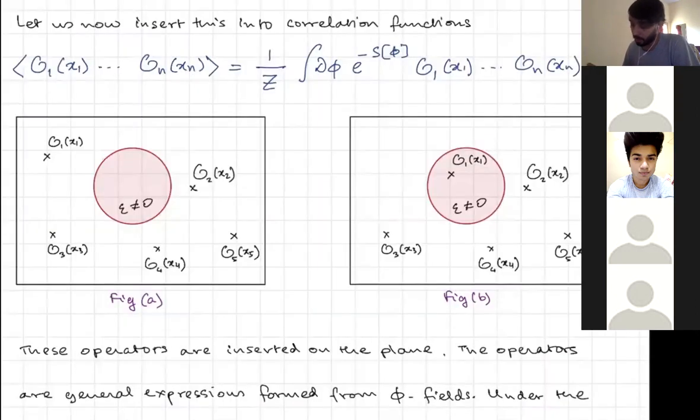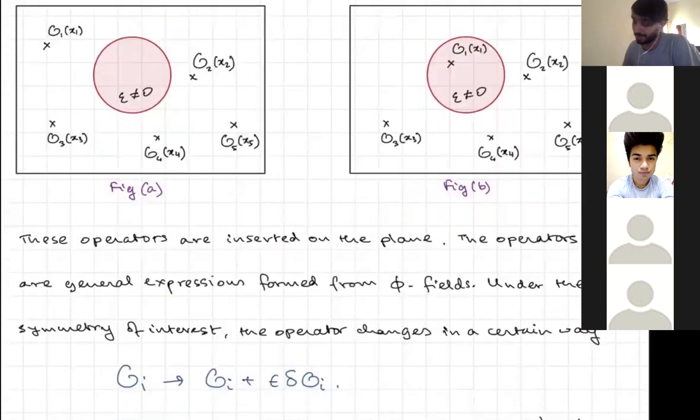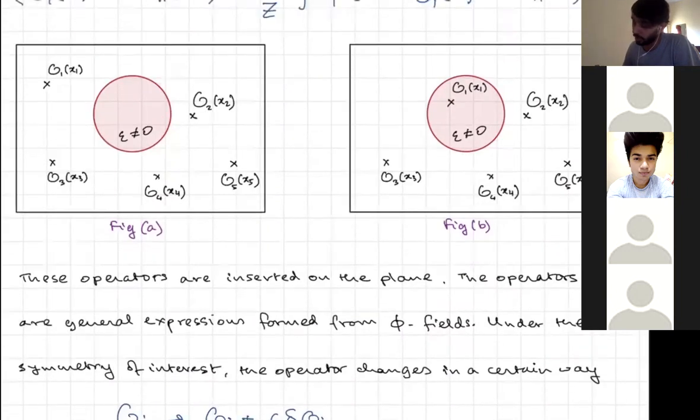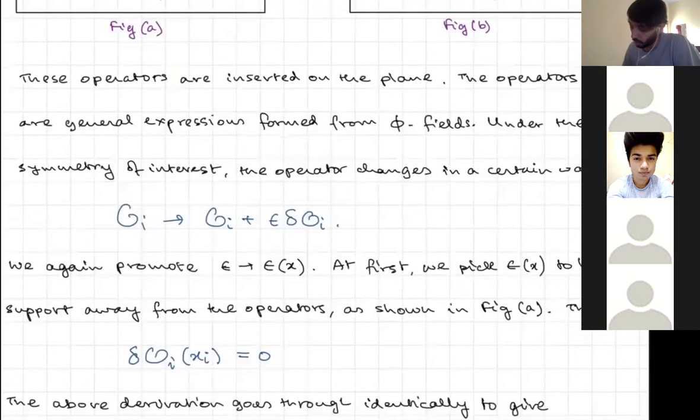And there we found that when this epsilon had support where there were no other operator insertions, that sort of boiled down to the same thing that we had before. But funny things happened when we took epsilon to have support inside a region where there was another operator O1.